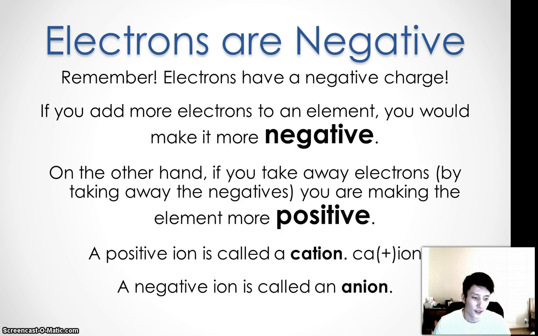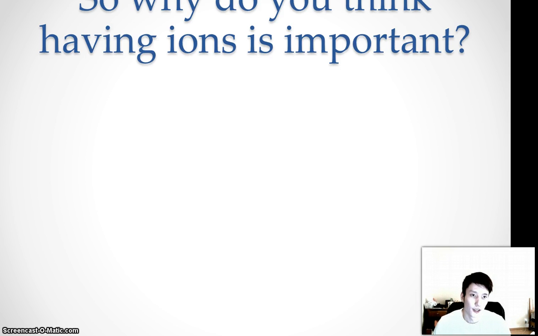This means that if I have any sort of element, an atom, and we were to take away electrons, so it has fewer electrons than it normally should have when it's neutral, it's a cation. And if it has more electrons than it should have when it's in its neutral state, we call this an anion.